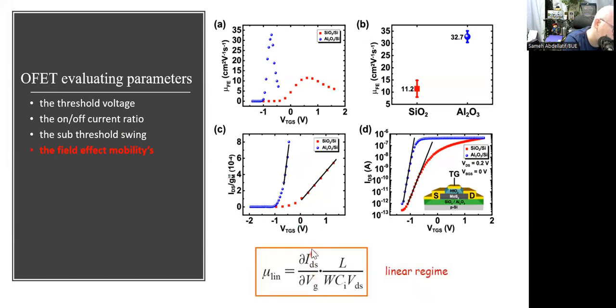You can see it here in this differentiation. If we assume ideally that ID versus VGS is a straight line, this is simply the slope of the straight line. So the higher the slope, the higher the mobility. That means that with a lower gate voltage, you can reach a higher current. For example, by comparing this blue curve with this orange curve.